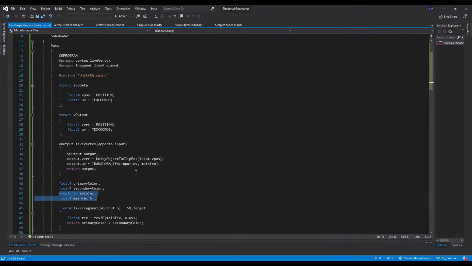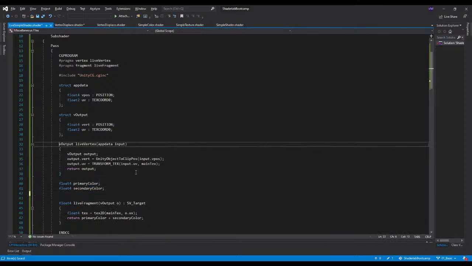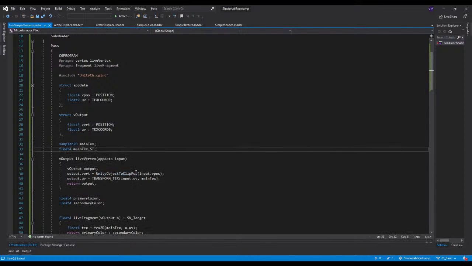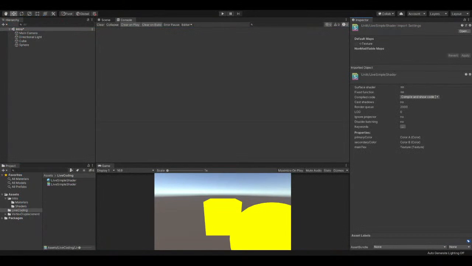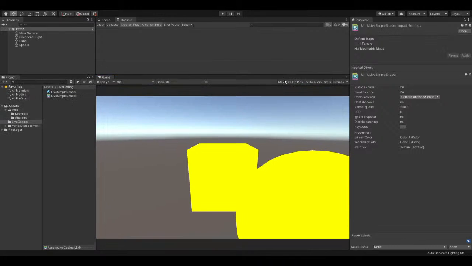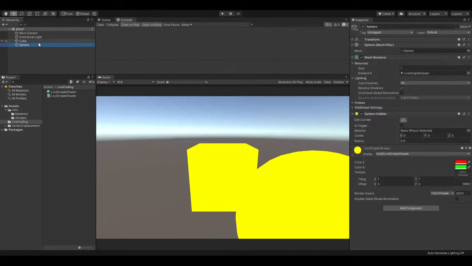I can leave primary and secondary color here, but if we are utilizing these two before the vertex function, they have to be right here before the vertex function. Okay, so now if you see, it works perfectly fine, and this is showing yellow color, your sphere and cube.